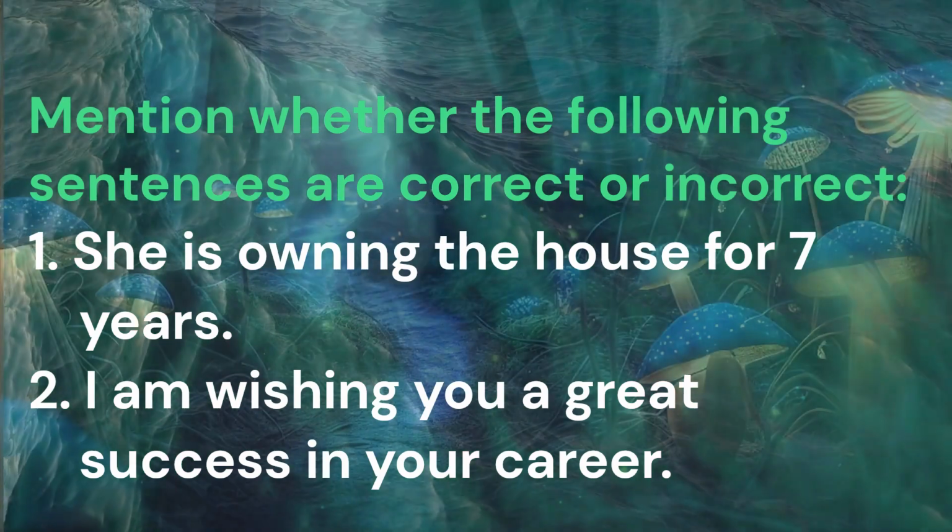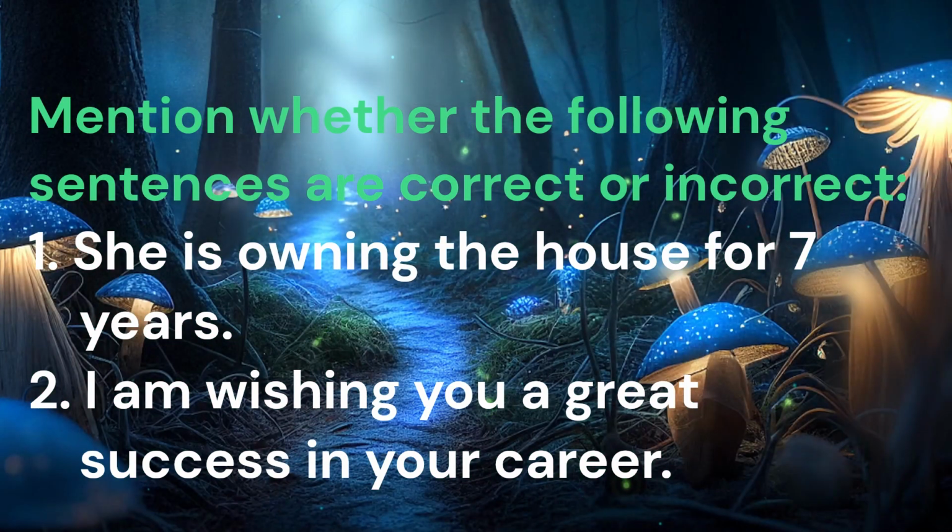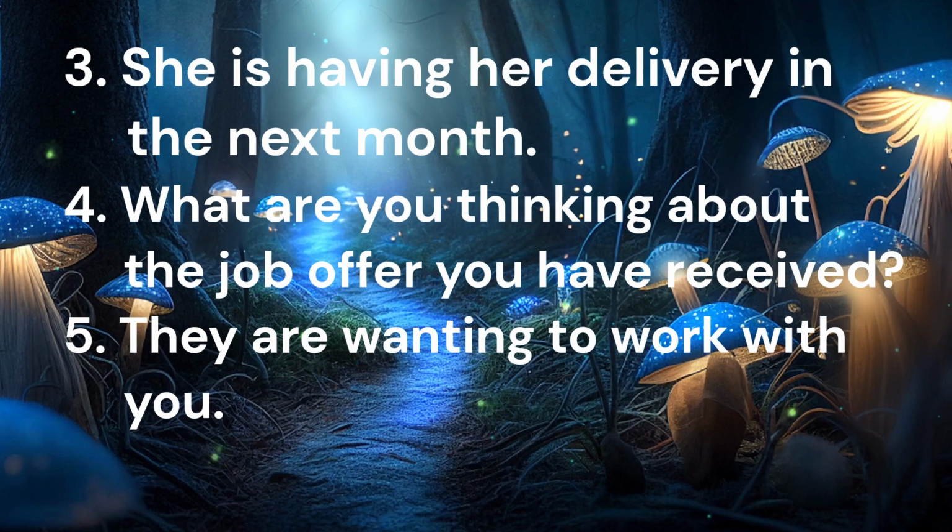The third sentence is, she is having her delivery in the next month. The fourth one is, what are you thinking about the job offer you have received? The final statement is, they are wanting to work with you.